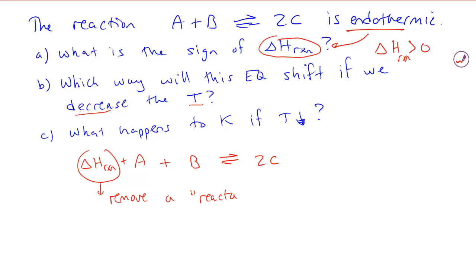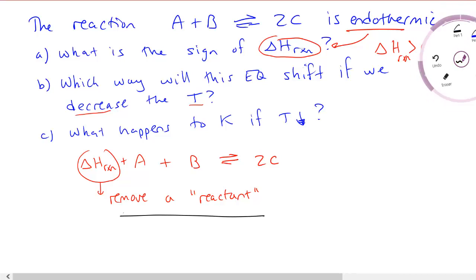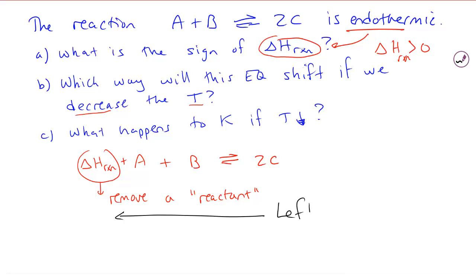It's not really a reactant, but it is necessary for the reaction to go. So with less energy around, we should see the reaction happen in a different way. If we remove a reactant, which way do we move? We shift to the left again. And if we shift to the left, once again, the equilibrium constant will decrease. So there's our answer: we're going to shift left, and K is going to decrease.